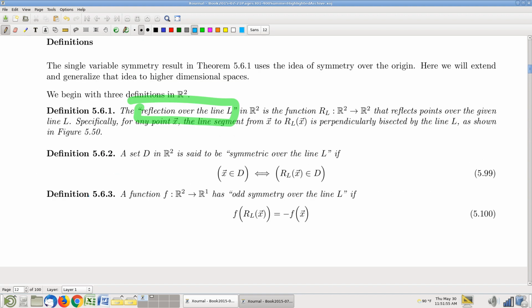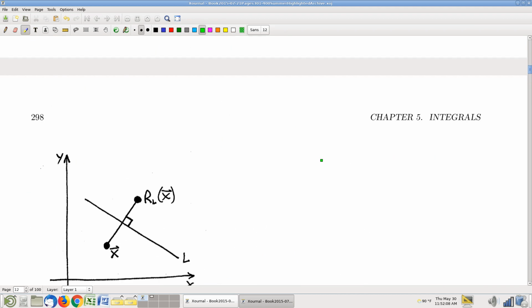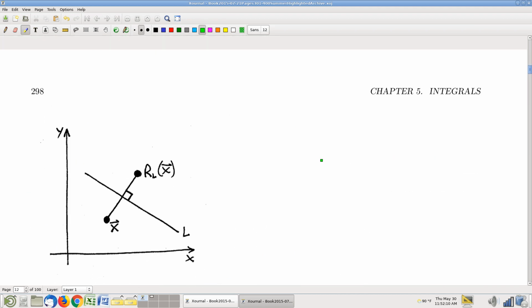Okay. So that being said, we're going to talk about what it means for a domain to be symmetric over the line. Let me draw a picture. What it means for a set to be symmetric over the line is that whenever a point is in the set, the reflection is also in the set.